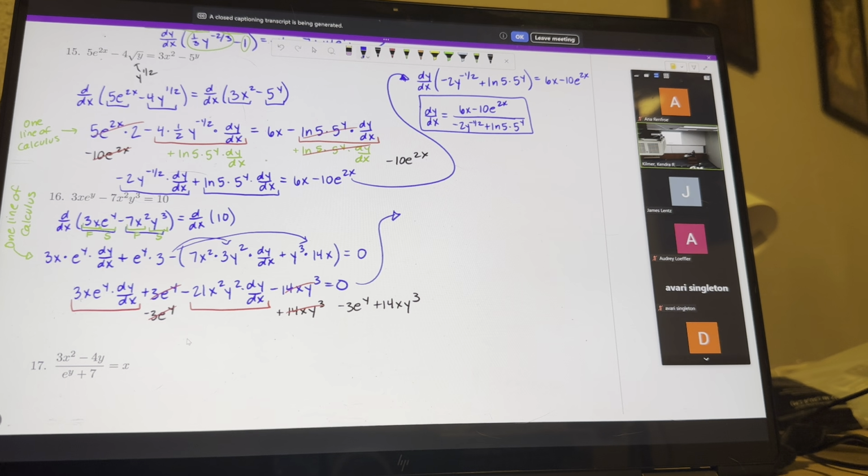So I have 3x e to the y times dy dx minus 21x squared y squared times dy dx equals minus 3 e to the y plus 14xy cubed.